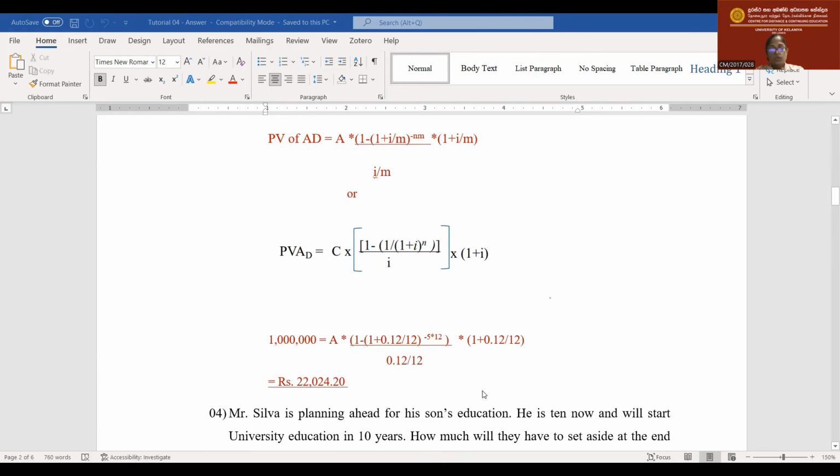Then take the calculator and do it with me. 0.12 divided by 12 means 0.01. Add 1 to that, and you obtain 1 plus 0.01. Then press the power button and type minus 60, as 5 multiplied by 12 means 60.